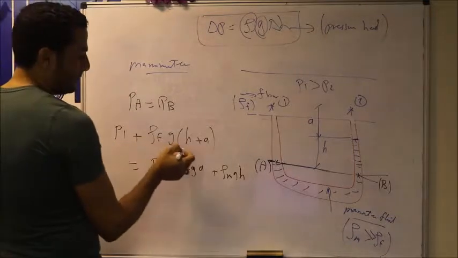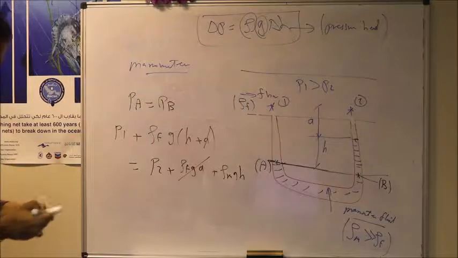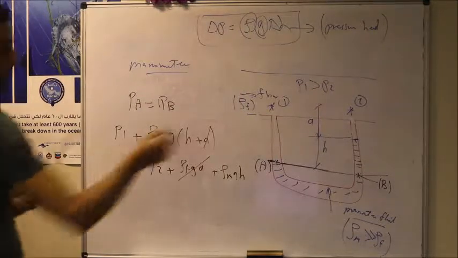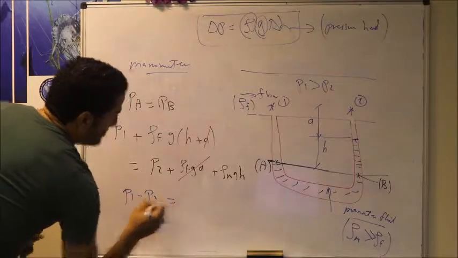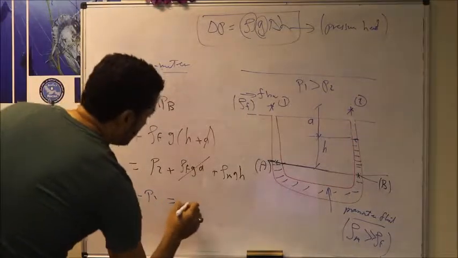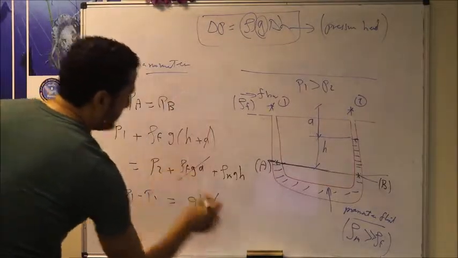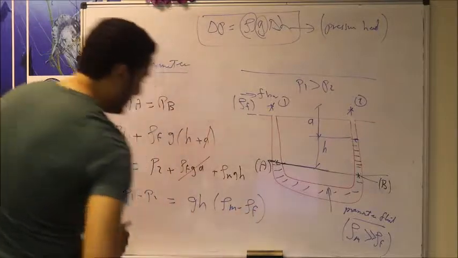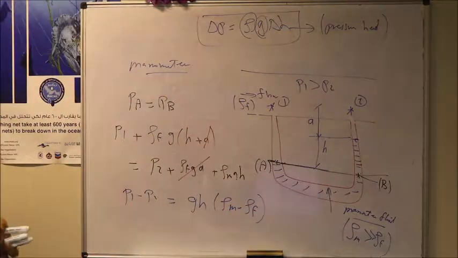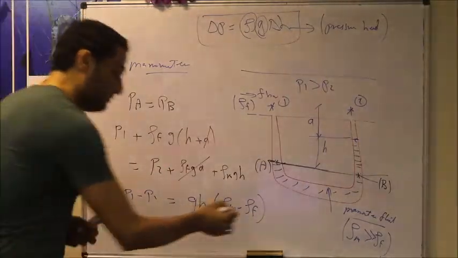Less rho fluid g multiplied by a will cancel with rho fluid g multiplied by a. Then we can say the pressure difference between point 1 and point 2, P1 minus P2, will equal g h multiplied by the difference between the density of the manometer fluid and the density of the flowing fluid.